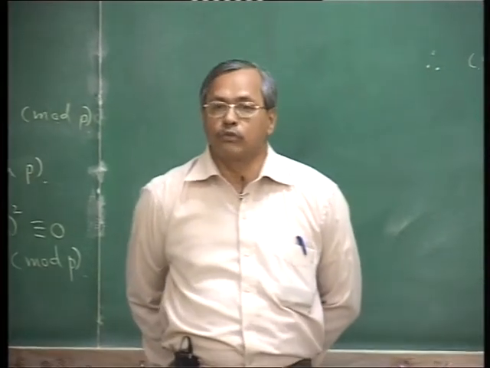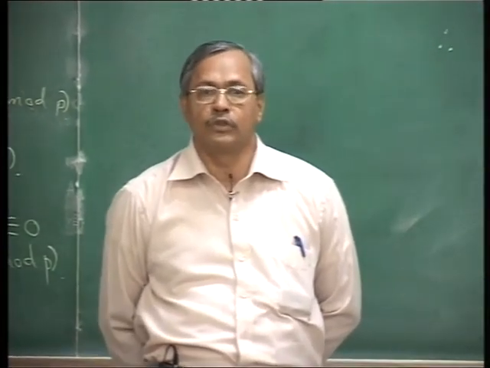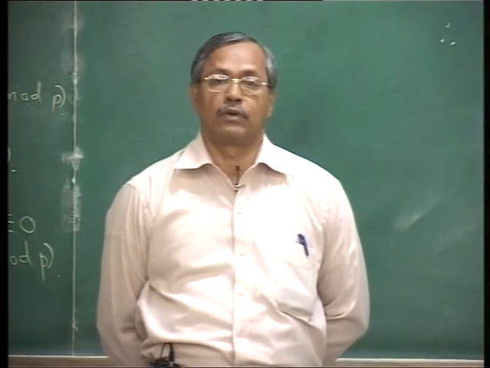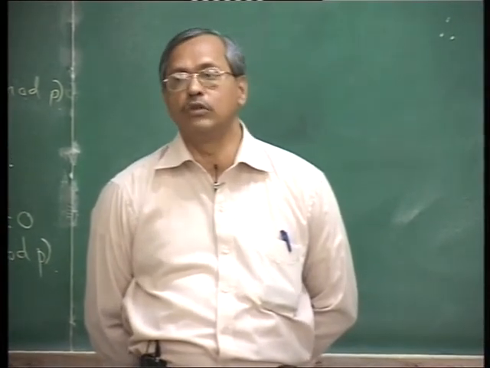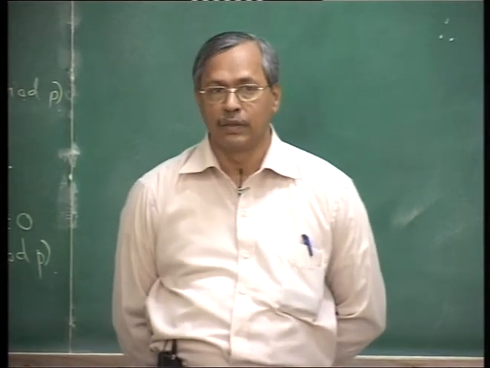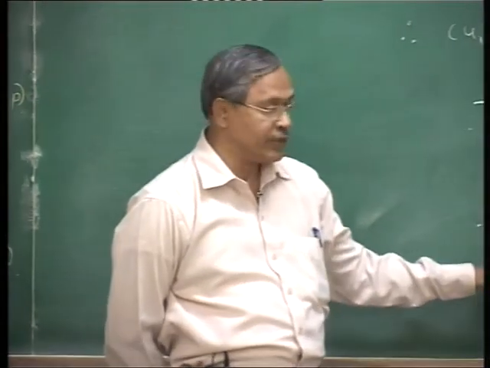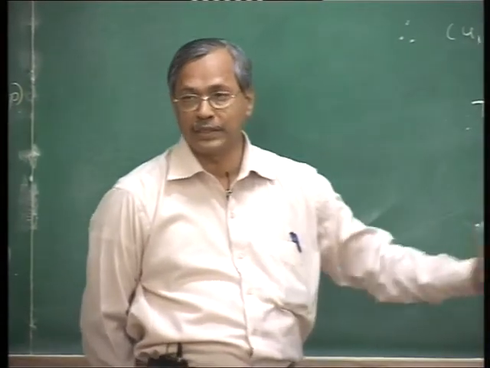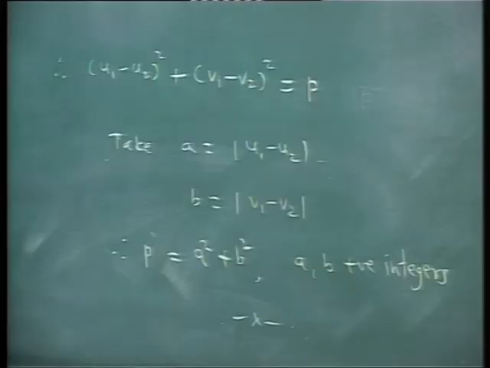So we have used two things here: the pigeonhole principle, and that the congruence x square congruent to minus 1 mod p has a solution. So see that solutions of congruences are in this fashion very useful to get results about integers. P can be written as a sum of two squares, because of this result about congruences.